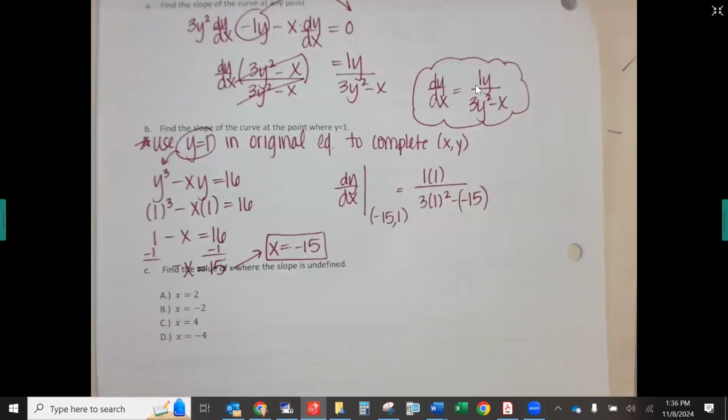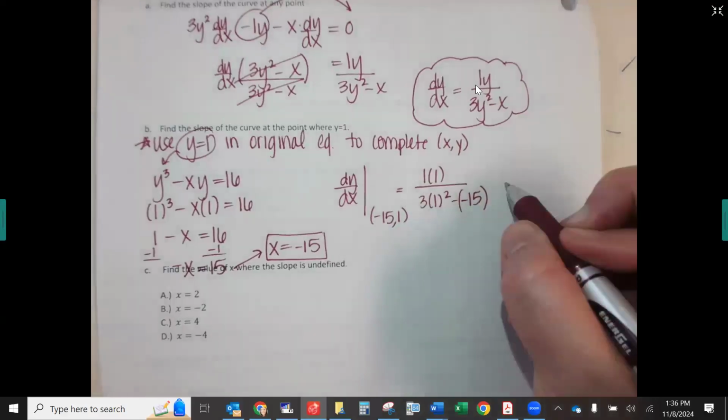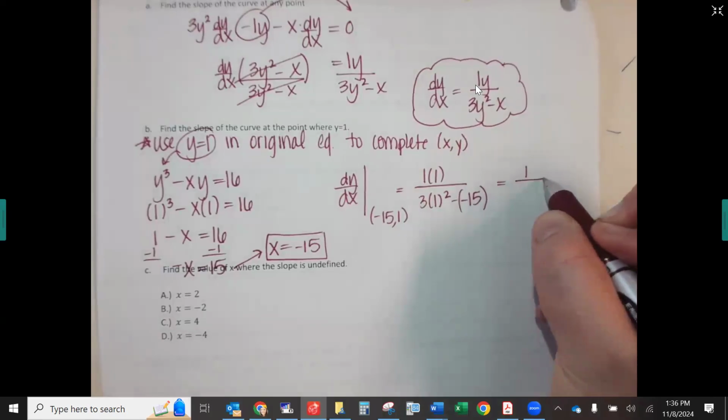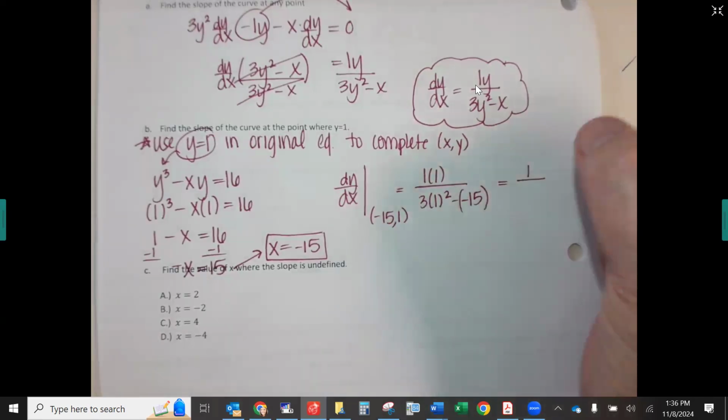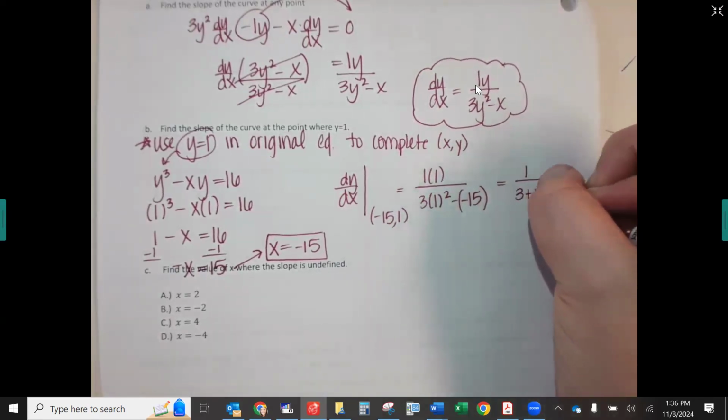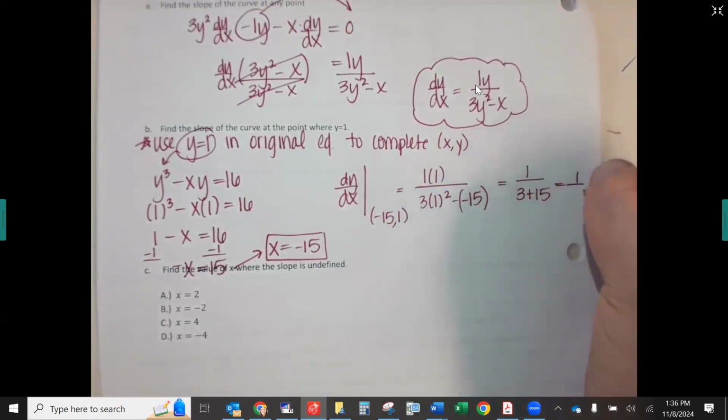And what happens when we minus negative 15? It's really a plus. So this is going to be 1 over, remember, squared first, then times by 3. So 1 squared is 1 times 3 is 3 plus 15 gives me 1 over 18.